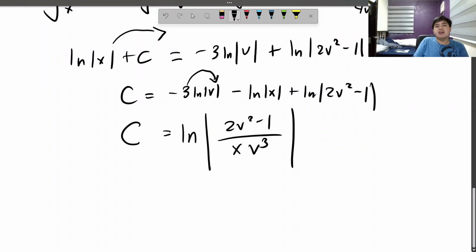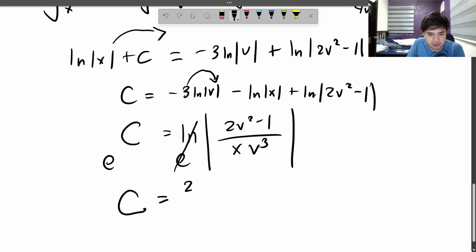Satisfying. Because now we can raise e to both sides to remove that pesky natural logarithm. And e to the c is still a constant, so we can name it another constant, but I like it just c, unchanging. So 2v squared minus 1 over xv cubed.